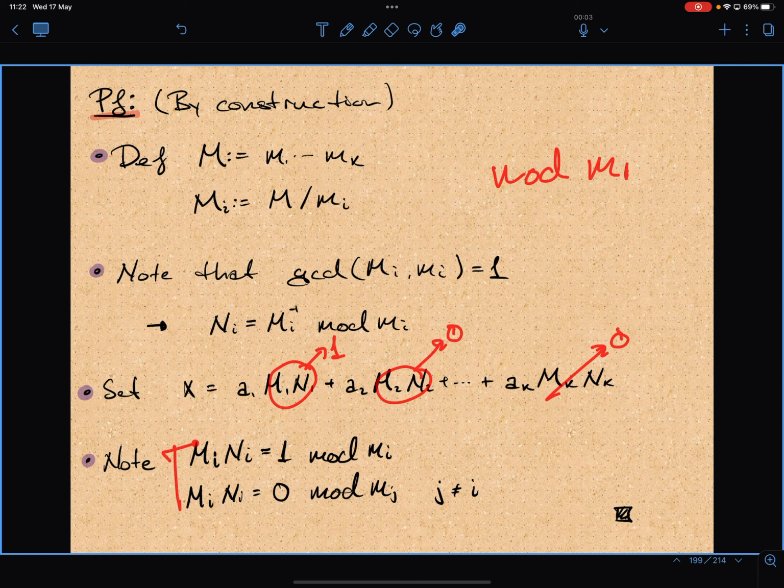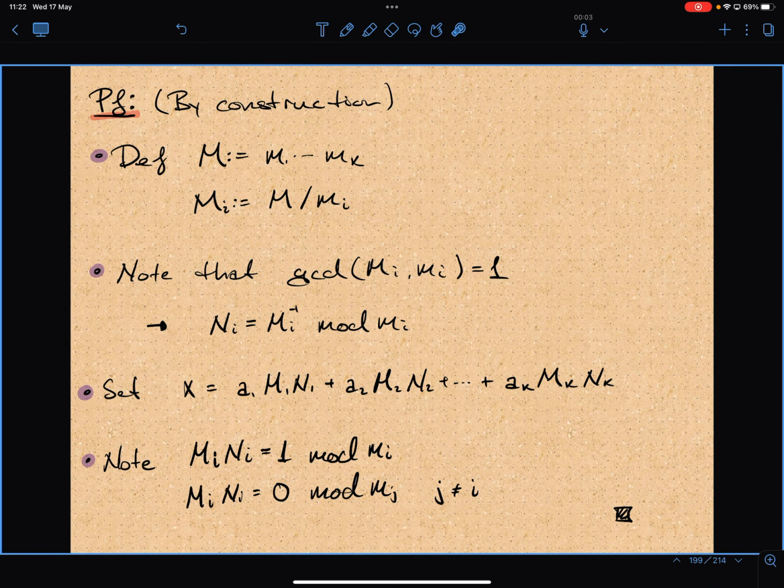So it's this observation. Here, Mi Ni is equal to 1 mod mi by this construction. I just multiply Mi on both sides and I get this identity.